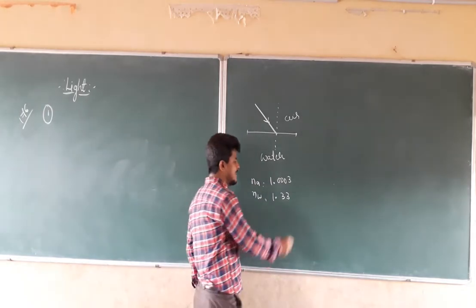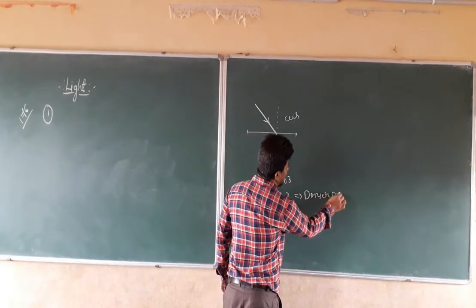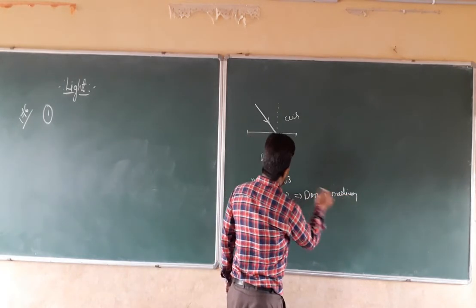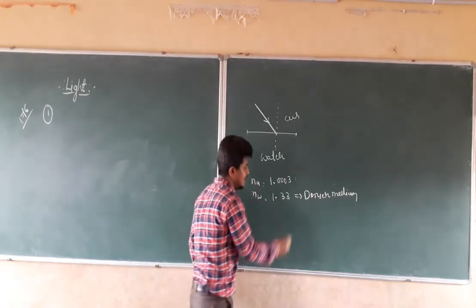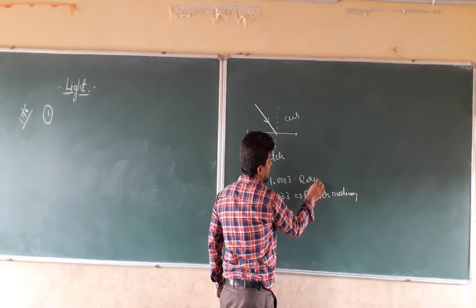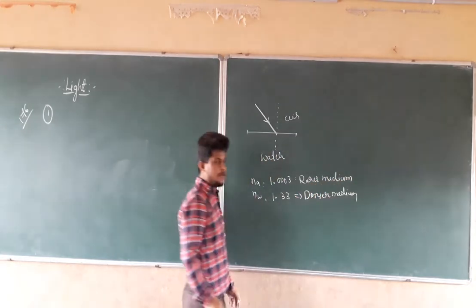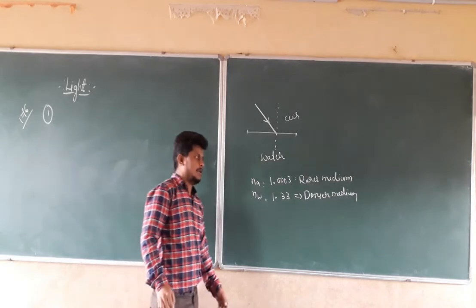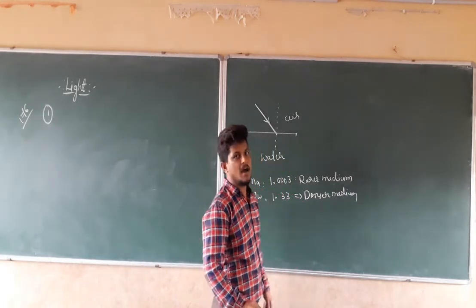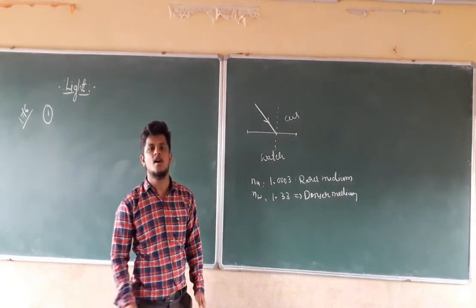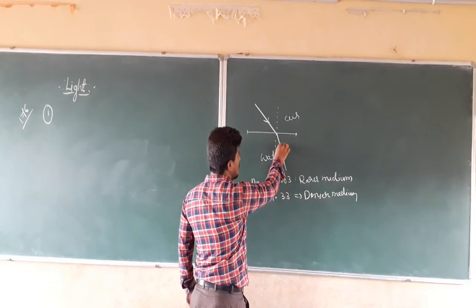So we can say that water is a denser medium, and air will be a rarer medium. If you remember the previous class, a light ray traveling from the rarer medium to the denser medium always bends towards the normal. So this light ray is going to bend towards the normal.